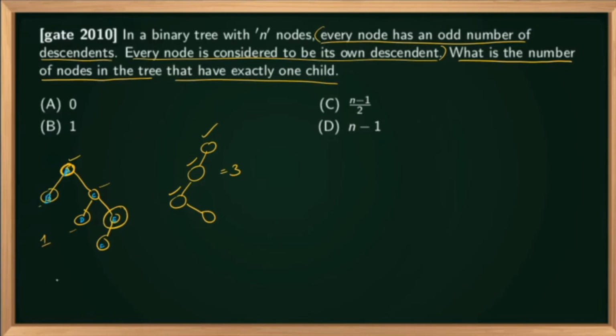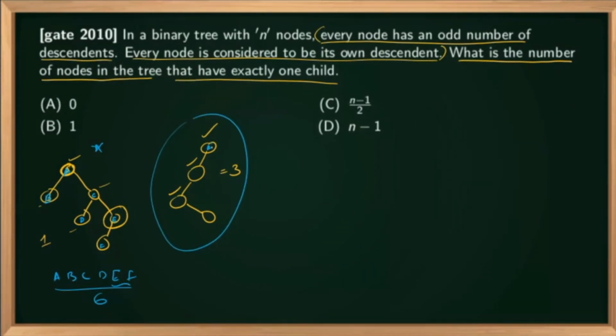So the descendants of A are A, B, C, D, E, F. This is 6, but it says that we have to have an odd number of descendants, right? So this is not a valid tree for our example because every node is not satisfying this condition.